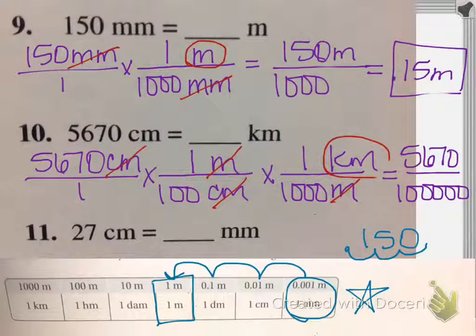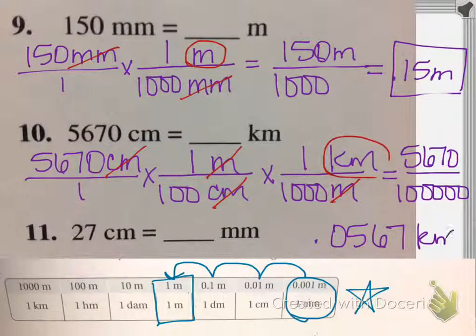And when I divide this, I'm going to get 0.0567, and this is kilometers. This is what you would get, and I just did that division in my calculator.